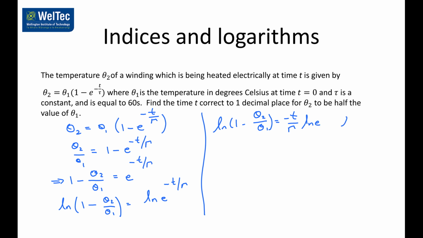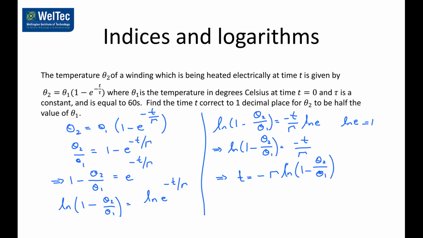And the natural log of e, and this is what makes this method really great, is that the natural log of e is 1. So now we've got natural log of 1 minus theta 2 over theta 1 equals negative t over the constant. And doing a little bit of algebra then, t is equal to negative the constant times natural log of 1 minus theta 2 over theta 1.